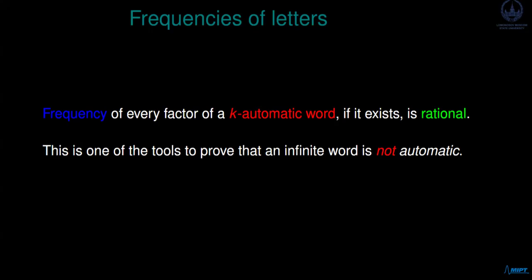This criterion can help rule out automaticity in more complex sequences. In conclusion, the rationality of frequencies in k-automatic words provides both an insight into their structure and a method for distinguishing between automatic and non-automatic sequences. So, interesting tools.